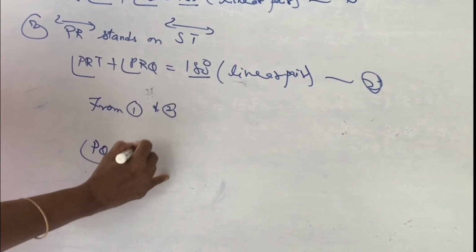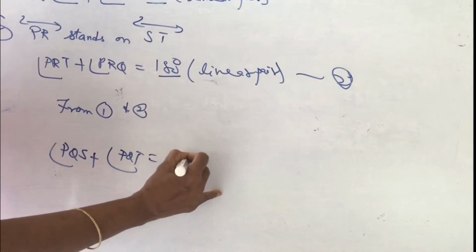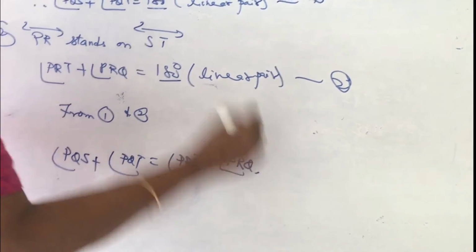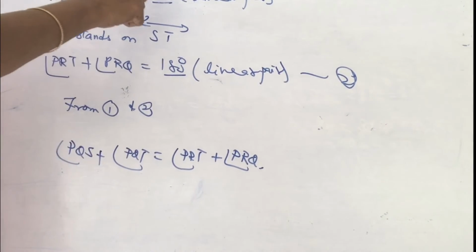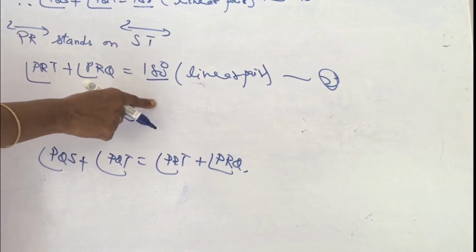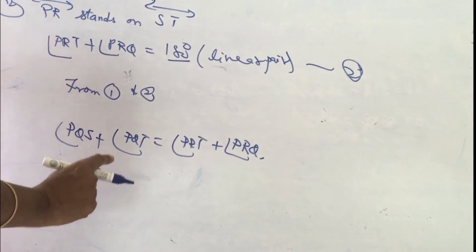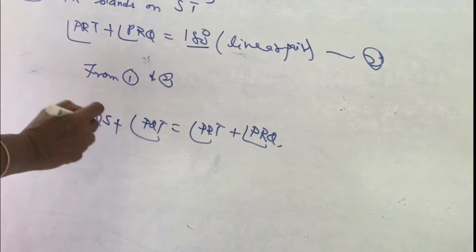Angle PQS plus angle PQT is equal to angle PRT plus angle PRQ. From 1 and 2, children, RHS are equal. When RHS are equal, automatically LHS are equal. And in these both equations, what you can cancel?